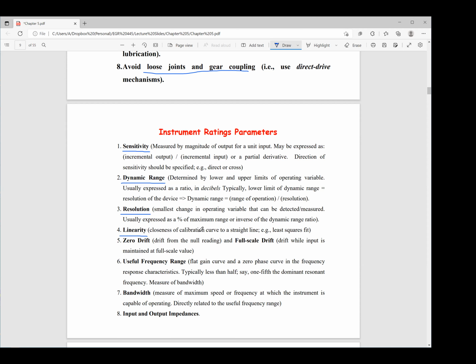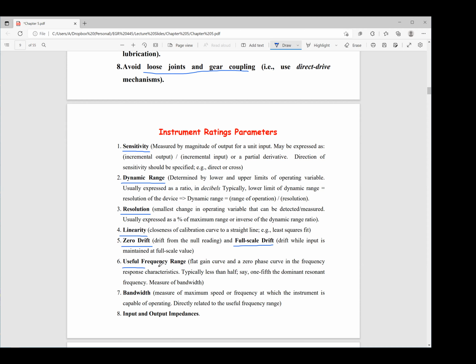And that is nothing but the closeness of the calibration curve. The next thing is, how do we want the drift to be? We do not want the system to be wandering or drifting as time goes on. But unfortunately, all practical systems would have some amount of drift. So we need to characterize what is the full scale drift of the system.